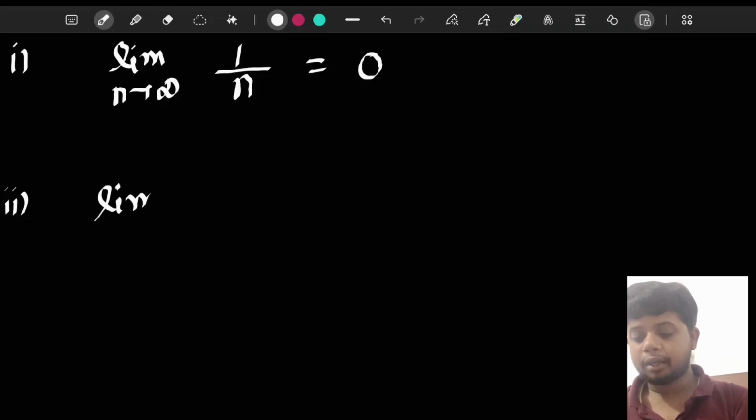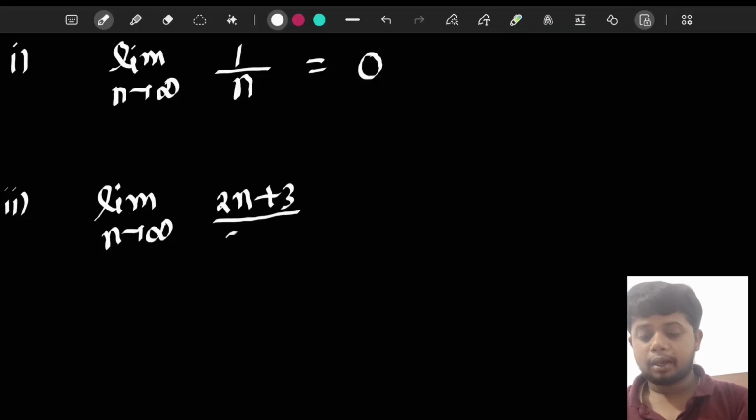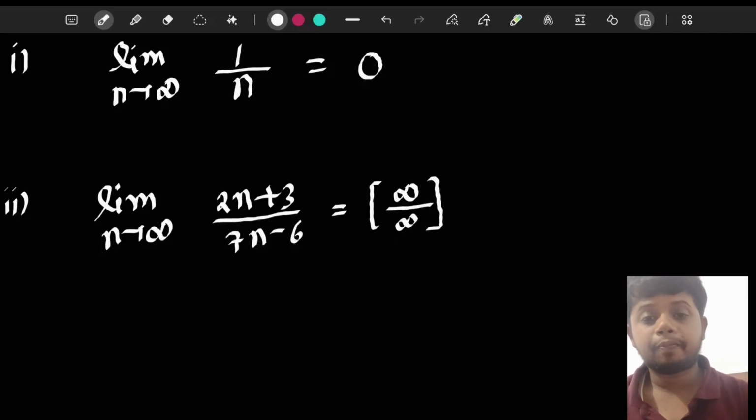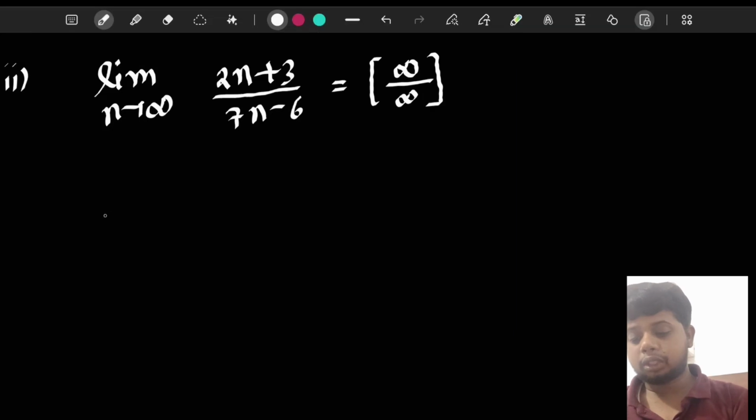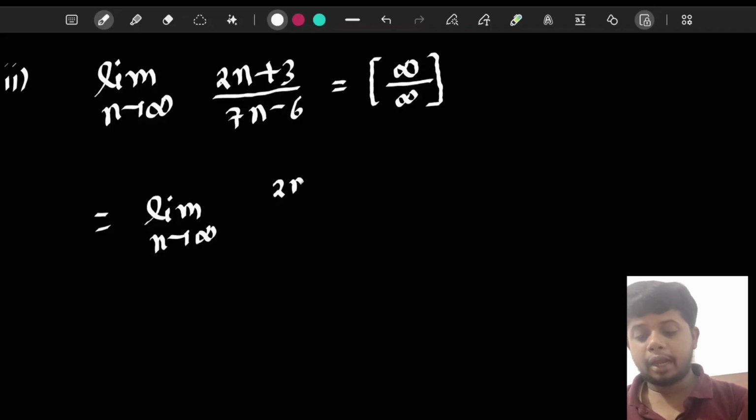Second question, let's say limit n tends to infinity of (2n plus 3) by (7n minus 6). By seeing the question, if I put n tends to infinity, I'll get infinity in the numerator and also infinity in the denominator. This is the infinity by infinity form. Now how to solve that question? I will divide numerator and denominator by n.